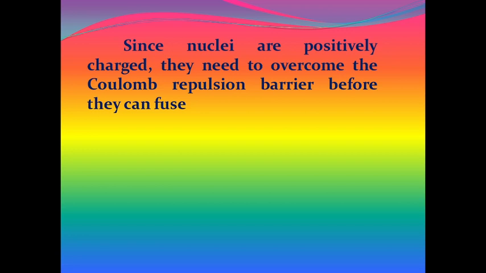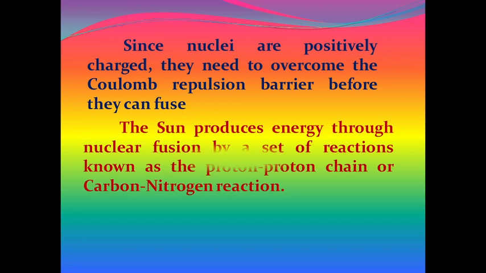That's why a huge amount of energy is required for nuclear fusion. The temperature is very high, of the order of 10 to the power 7 Kelvin. At that temperature the nuclear fusion process is possible. As we know, in the core of the sun the temperature is very high.